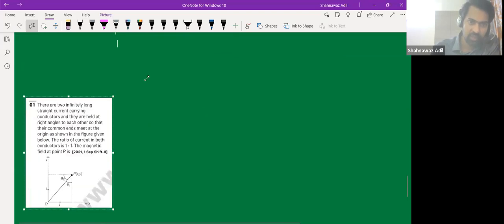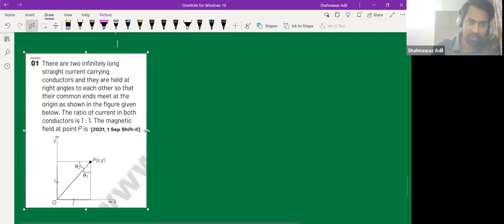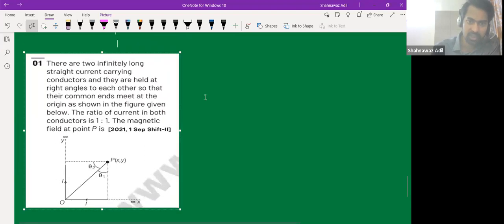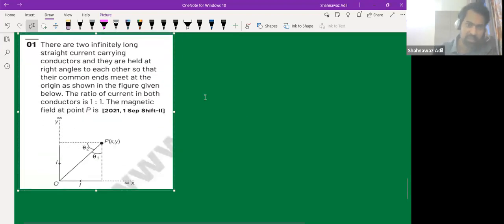We have this problem, the currents are the same, and we want to calculate the magnetic field at the point P.